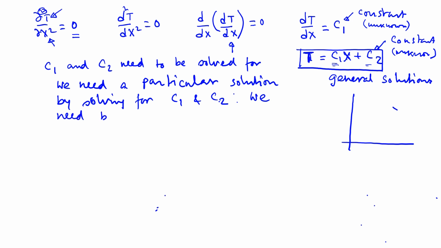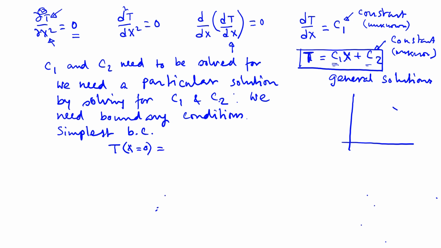These are additional conditions to solve for C1 and C2. The simplest type of boundary conditions can be T at x equal to 0 is equal to T1.